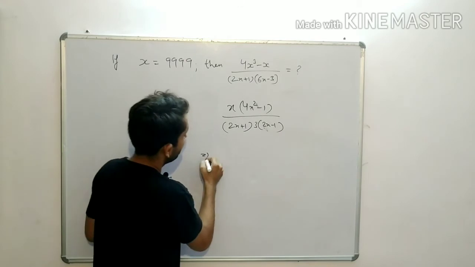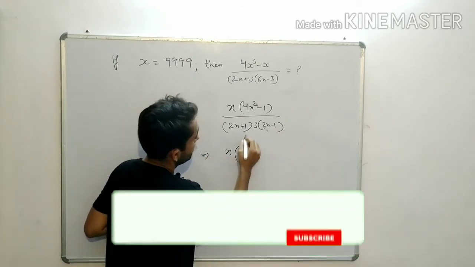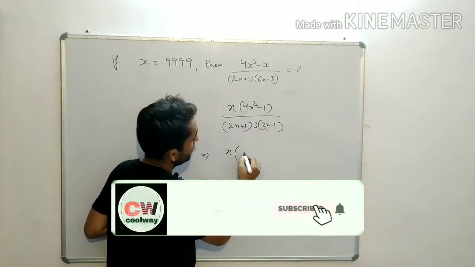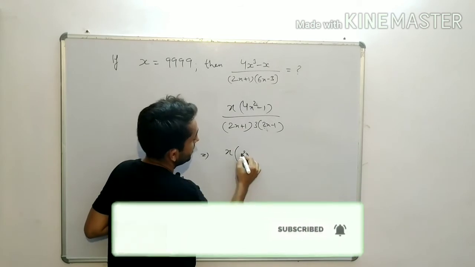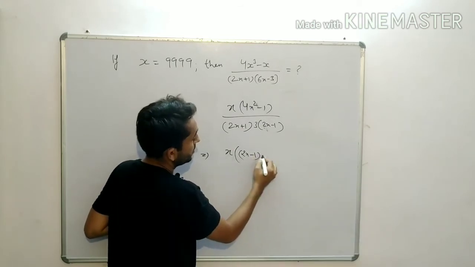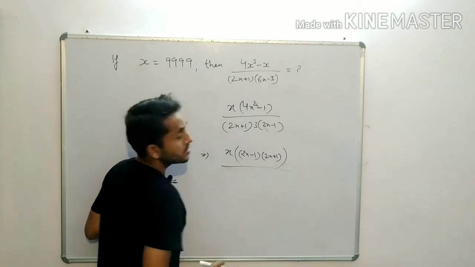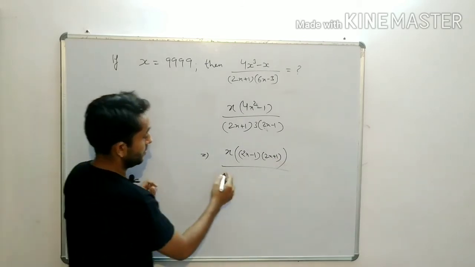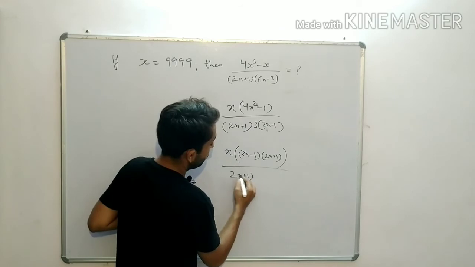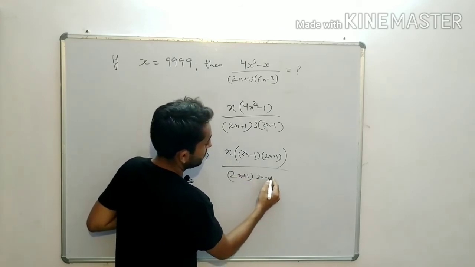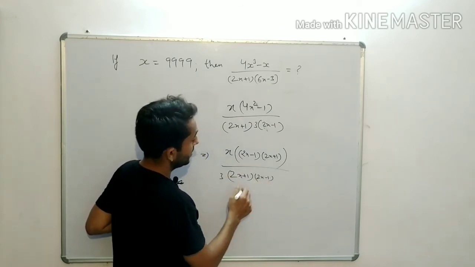Now further solve it. We can write 4x square minus 1 as 2x minus 1 times 2x plus 1. Just simplify it as much as possible. 2x plus 1, 2x minus 1, 3.